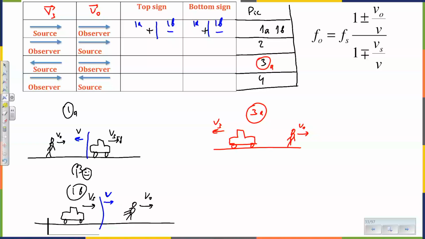Wave fronts travel away from a source in all directions, but only these eventually reach the observer. Only those matter. So we should draw waves which travel to the right. And that's it.